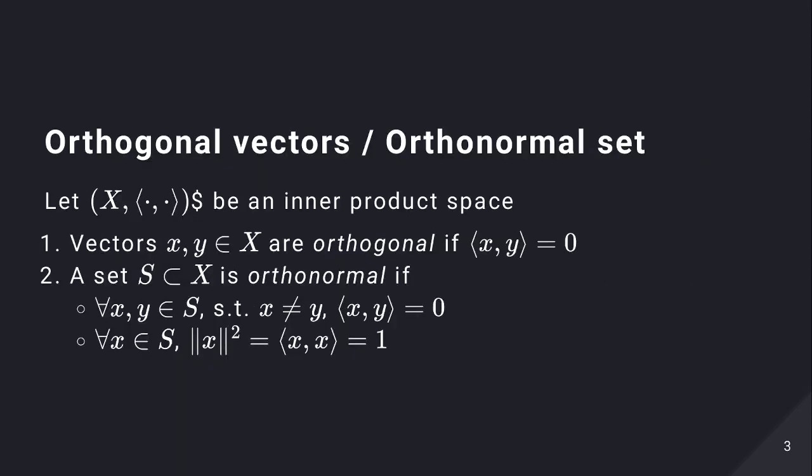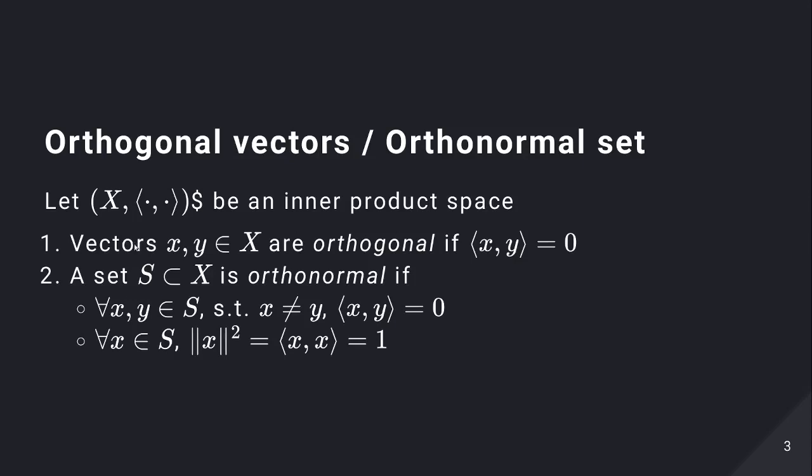So if we have an inner product space, then we can say that two vectors x and y are orthogonal if, simply put, their inner product is equal to 0. Geometrically, the intuition is that we have two vectors that are perpendicular, but orthogonal is the generalization of that.